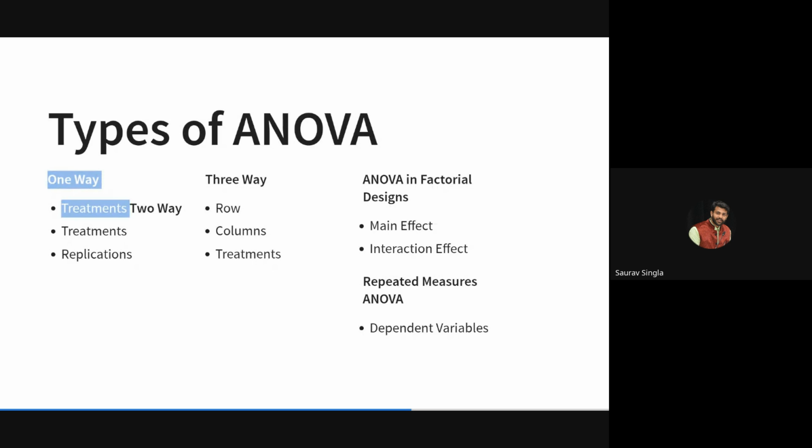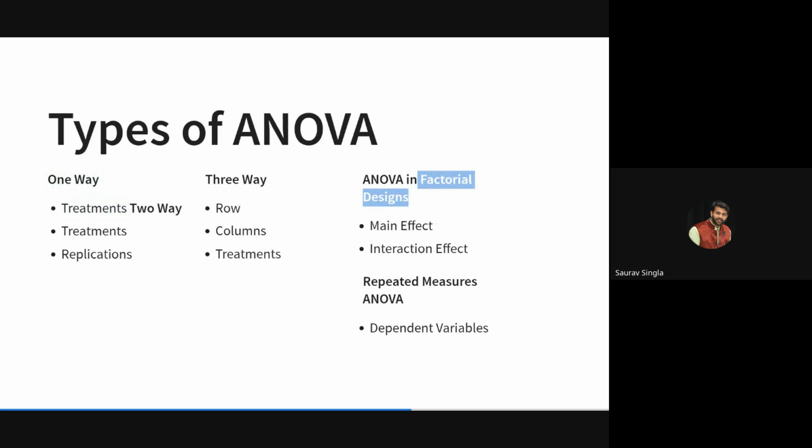Then he has to set up an experiment which is called a factorial design, a two-factor design, in which one factor will be sleep cycle and the second factor will be the dietary habit.